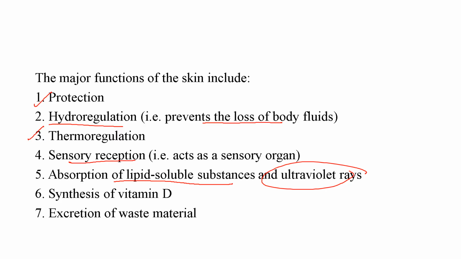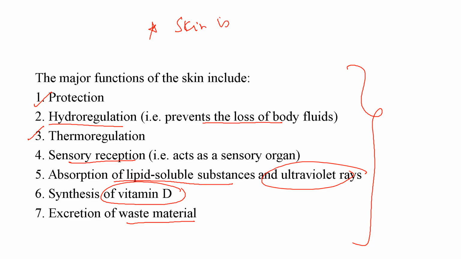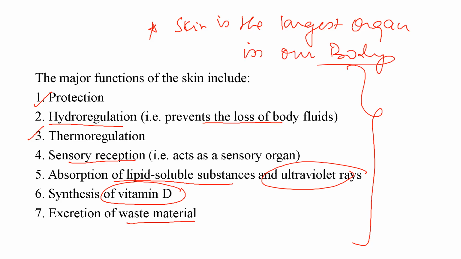Besides this, it acts in synthesis of vitamin D, and it also acts as excretion of waste material in the sweat. So these are the functions of the skin, and most importantly, the largest organ in our body. Okay, so the skin is the largest organ in our body.